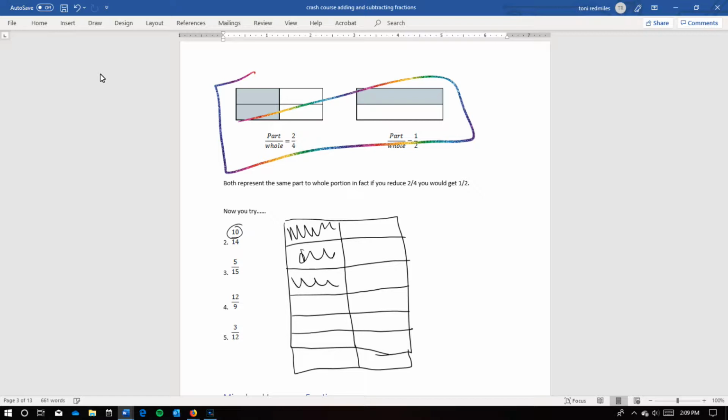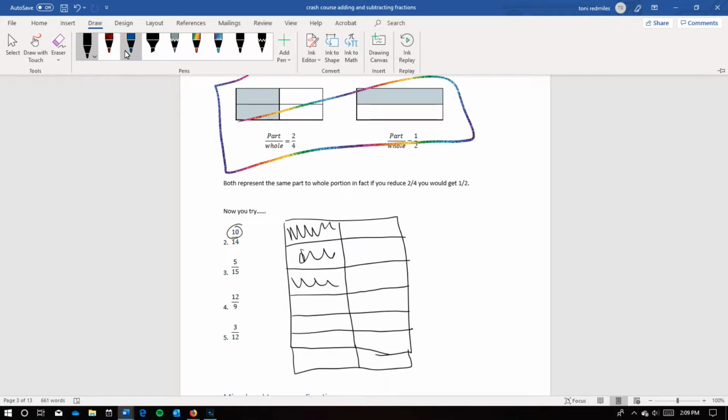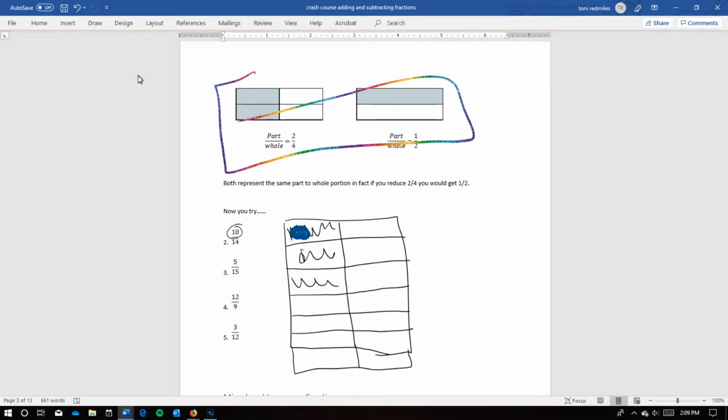Actually, let me change the color on this. 1, 2, 3, 4, 5, 6, 7, 8, 9, 10. Okay? And it tells me to reduce this fraction by giving the reduced part in whole.